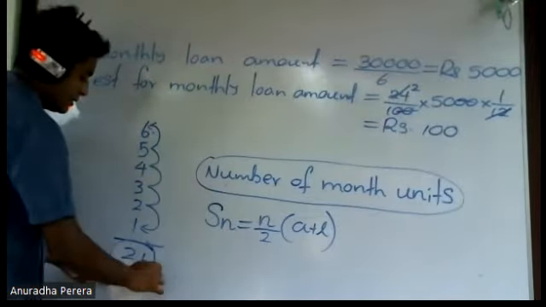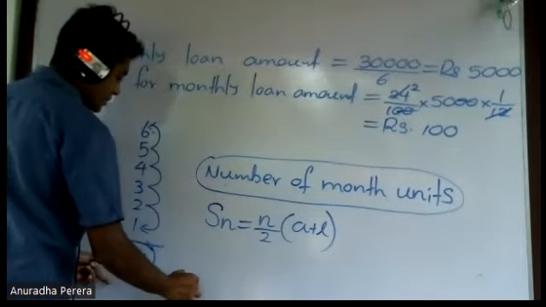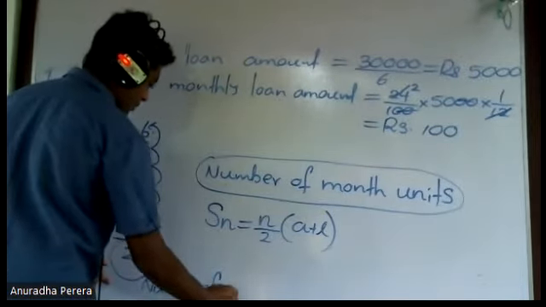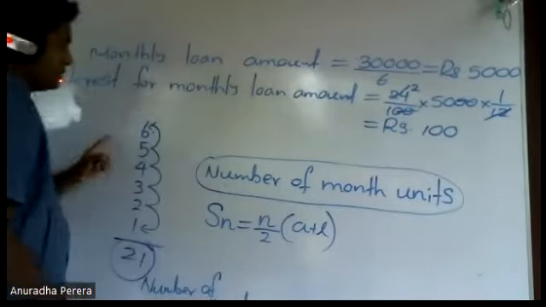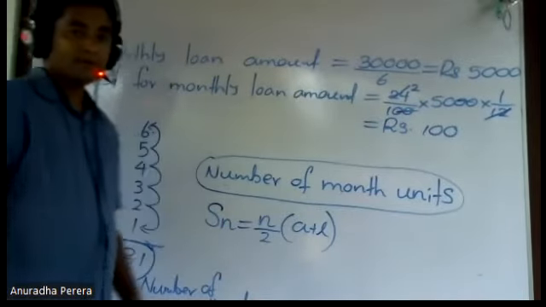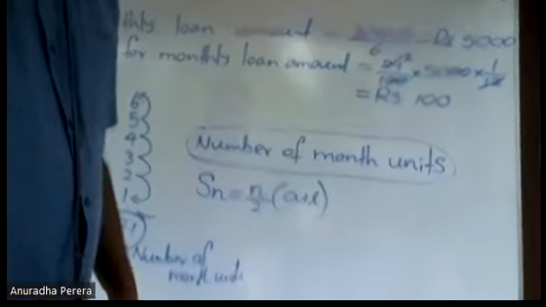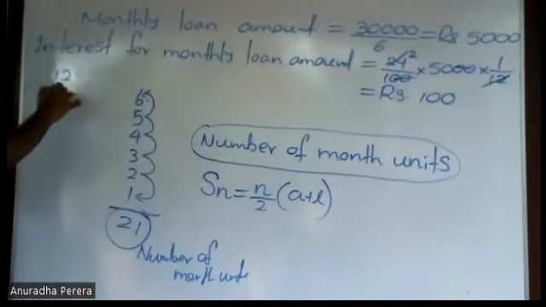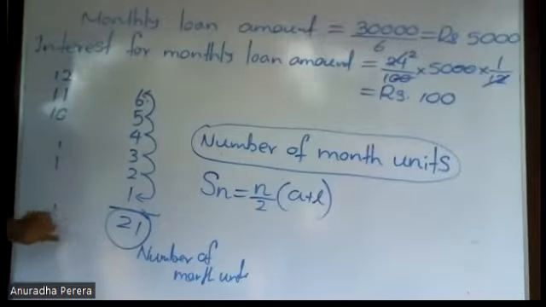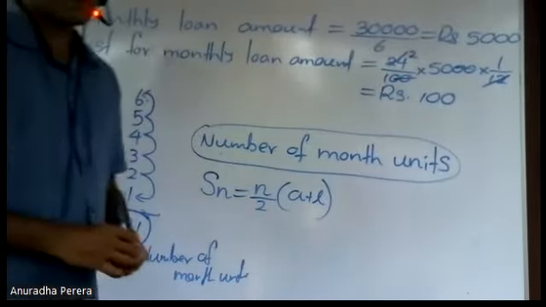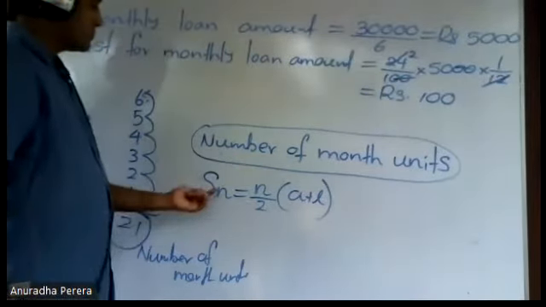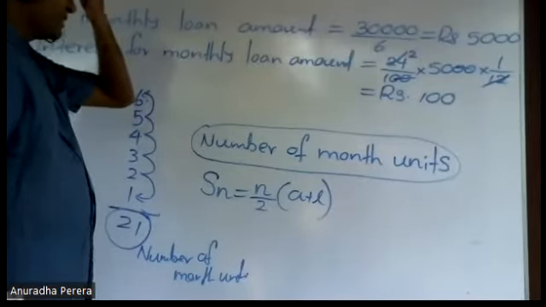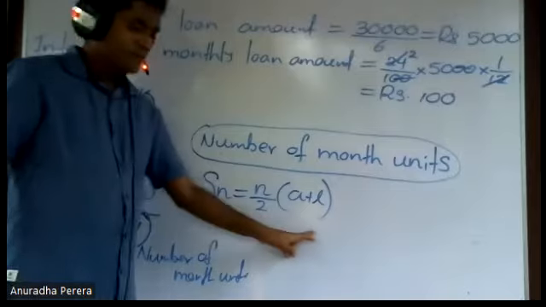If the number of installments is 12, to obtain the number of month units you have to add from 12 up to 1. Then to find number of month units, we can use this formula.